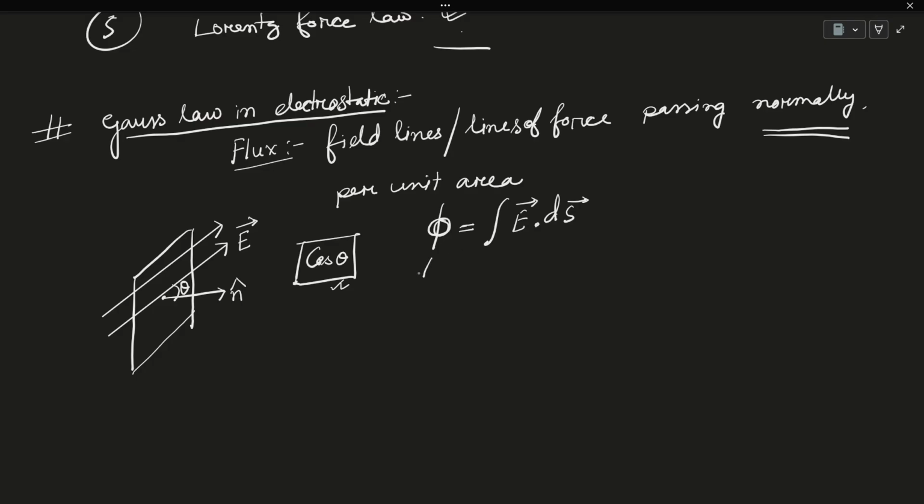So let me denote it. Phi is flux, that means field lines per unit area. And E is lines of force per unit area. And this is a dot product.